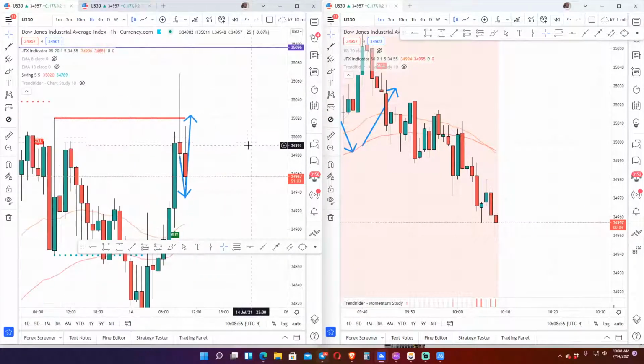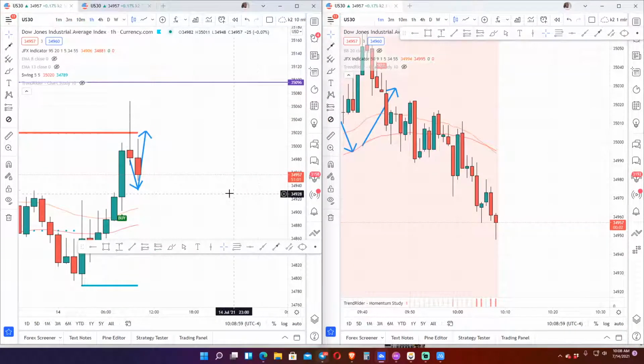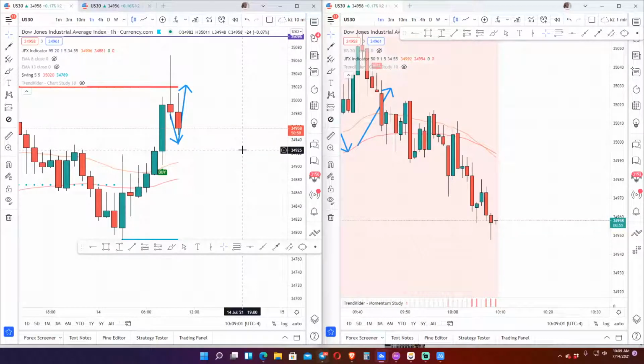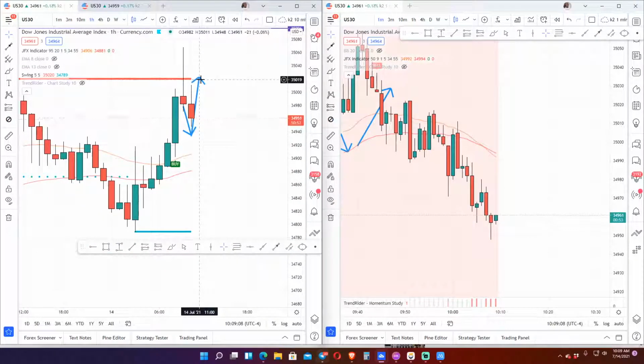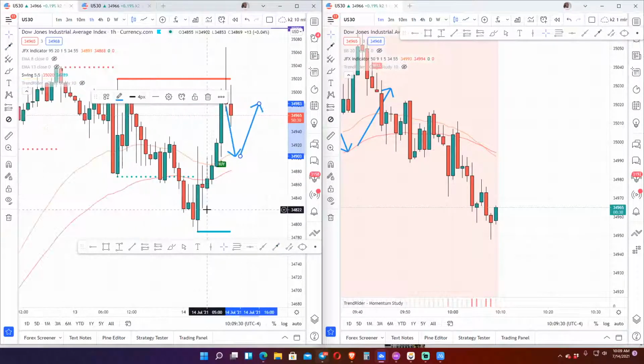Let me look at the 1 hour. Yeah, it might be a sell today, because look at these huge wicks to the top. And from what I'm looking at on the 1 hour, it may pull down to the 34900 area, and then maybe, I don't know, retrace.